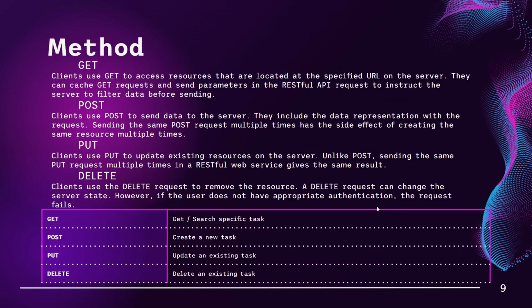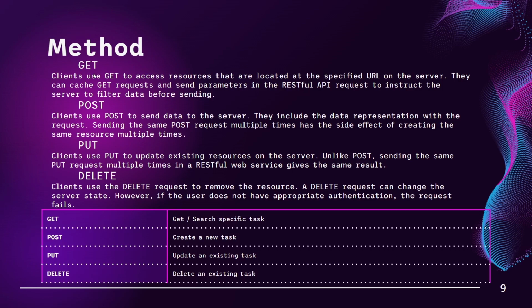Now, regarding the methods that we use, developers often implement RESTful APIs using the HTTP, as I said. An HTTP method tells the server what it needs to do to the resource, right? And here are the most common HTTP methods.